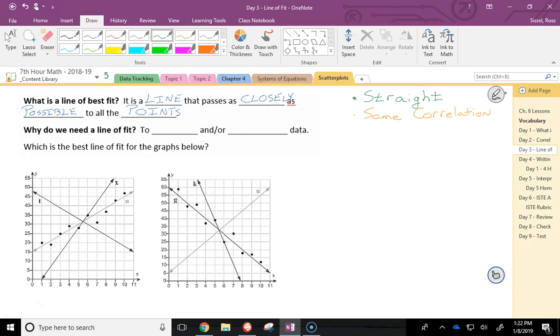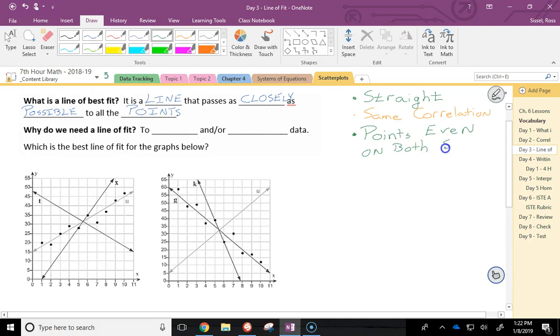And then actually I'm going to kind of combine a couple. I'm just going to say points even on both sides of the line.